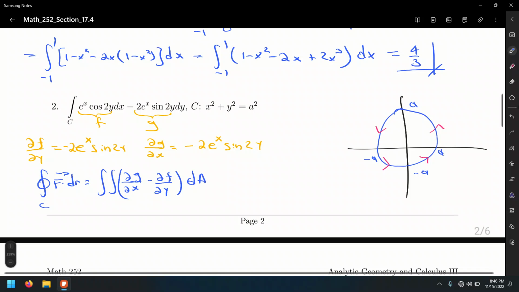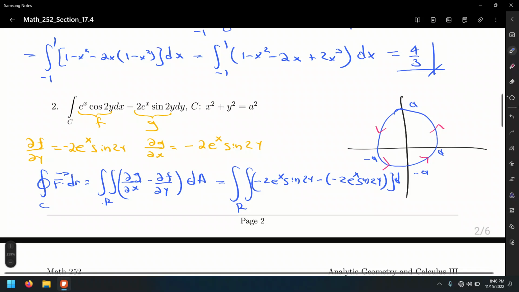But do you notice these two are actually the same? Subtract them, and that's going to be the double integral of negative 2e to the x sine 2y minus negative 2e to the x sine 2y.